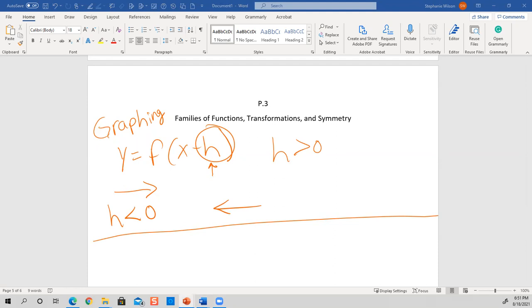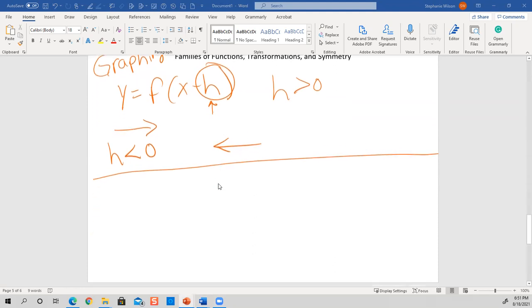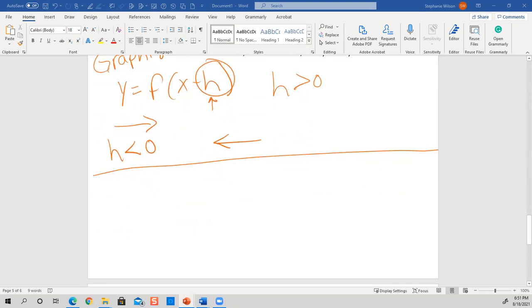So I wanted to show you right quick an example of what I'm talking about. Say that I have this function on the graph right here. Let's say this ordered pair is -5, 0. And we need to mark this point here.